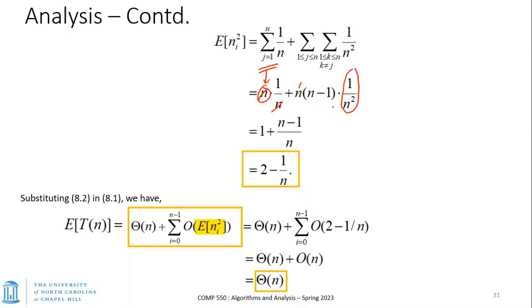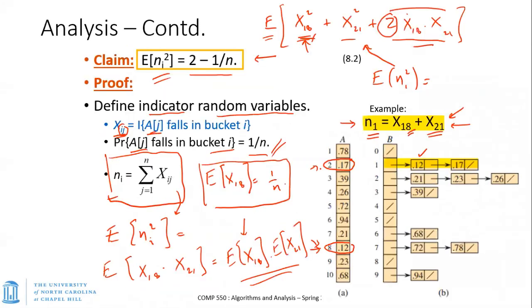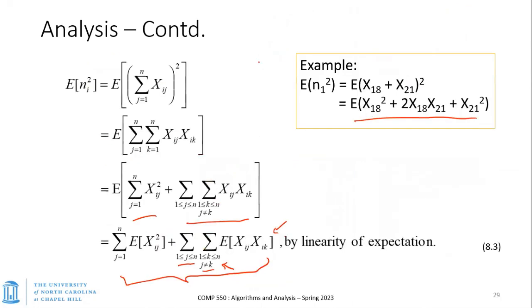You've got a few cancellations over here, so it comes out as 1 plus n minus 1 upon n, and that can be seen to be 2 minus 1 upon n. That was a long series of steps, but essentially what we've been able to show is that the expected value of the second moment is essentially a constant, with some small value of n coming in.